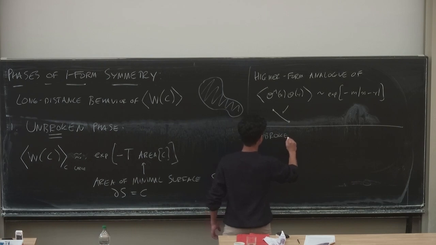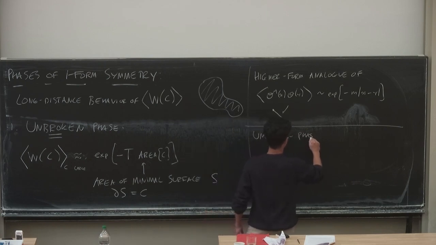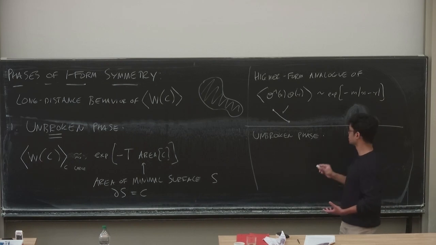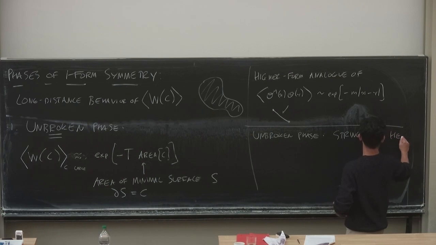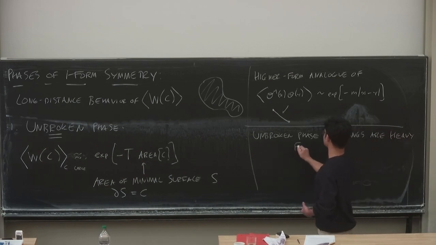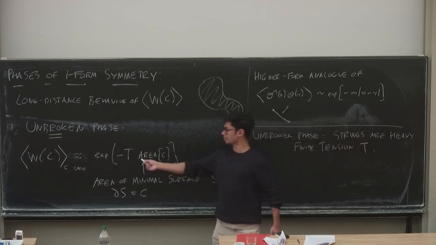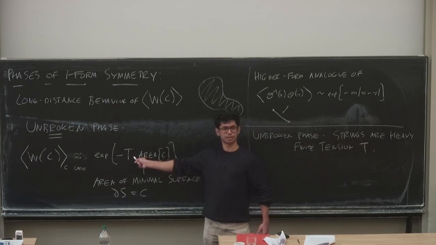The unbroken phase means the things that I count, the strings, are very heavy, which means that they have a finite tension, T. That T is the number that appears here, okay?